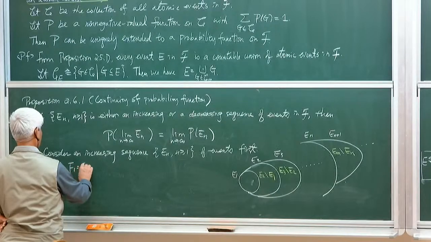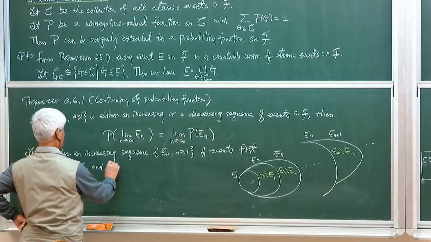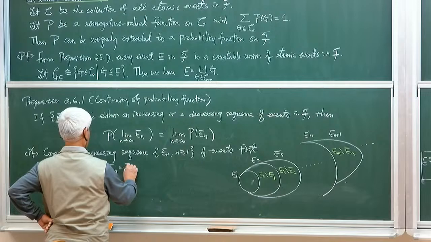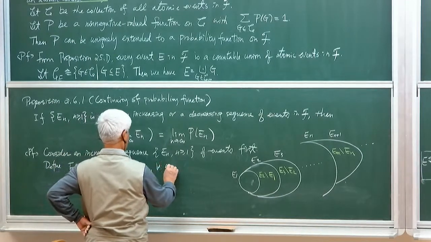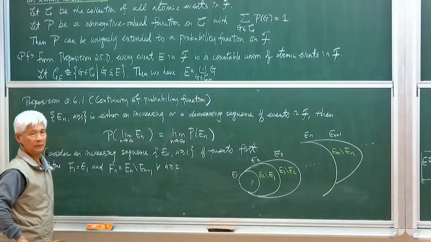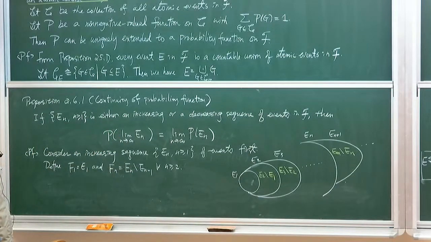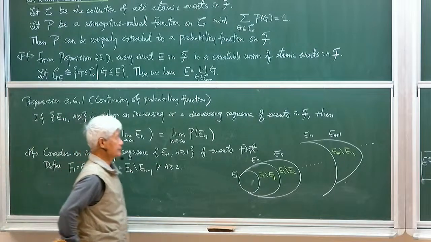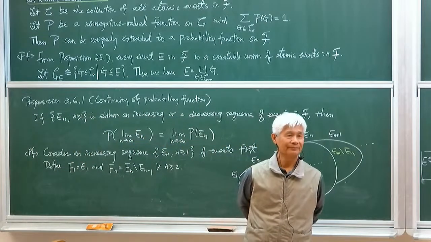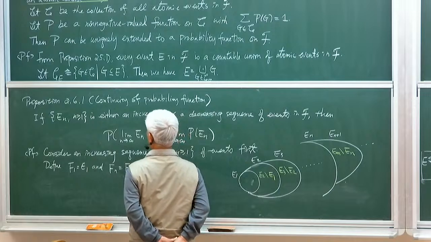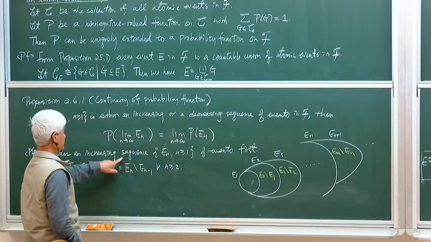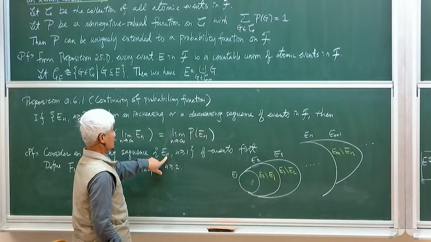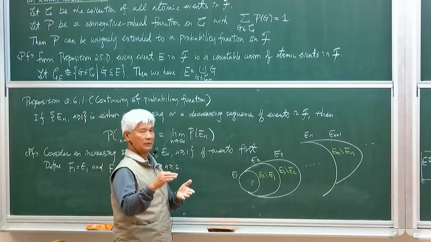So we define F1 equal to E1 and Fn equal to En minus E(n-1) for all n greater than or equal to 2. Are these events not disjoint? E1, E2 are not disjoint, since we consider an increasing sequence, so E1 is contained in E2 and becomes bigger and bigger.